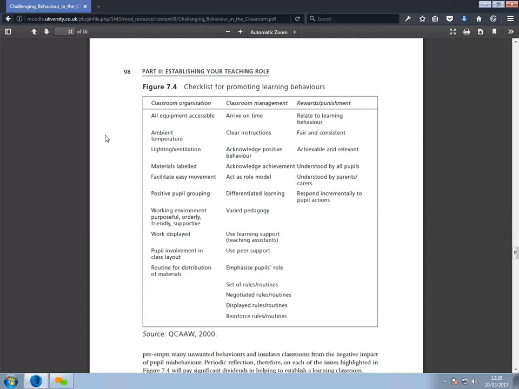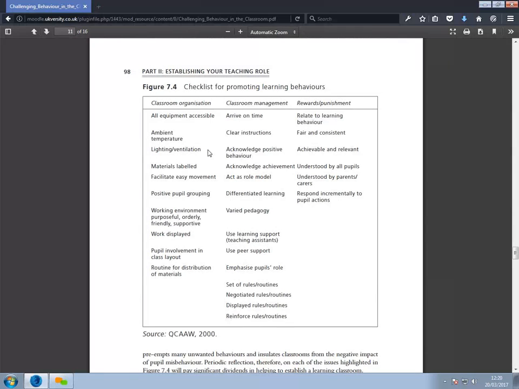Establishing your teaching role is another important part of this, and that is that all equipment you need is accessible, you arrive on time, and relate to learning behaviour. You have the temperature of the room, you give clear instructions, and you're fair and consistent.